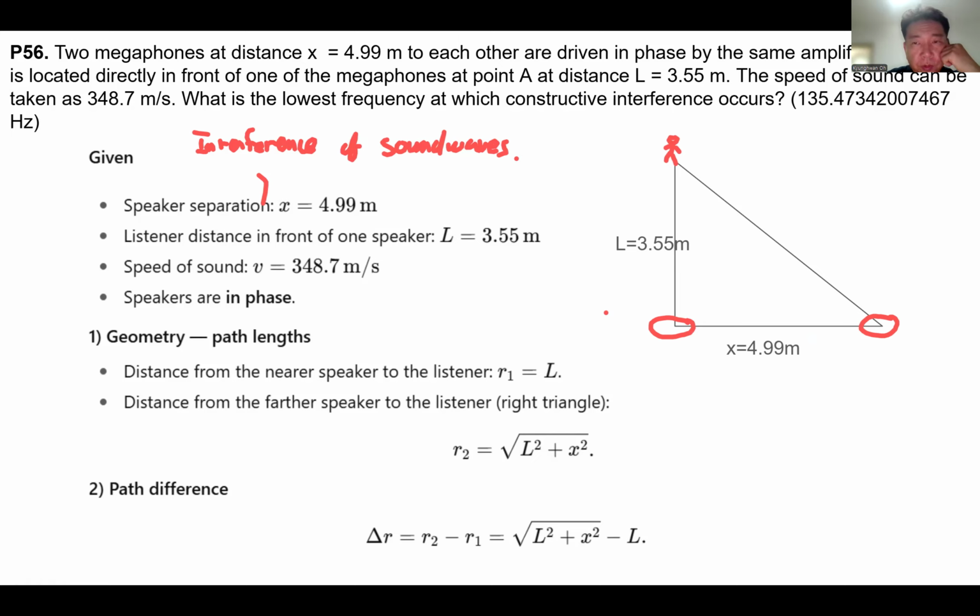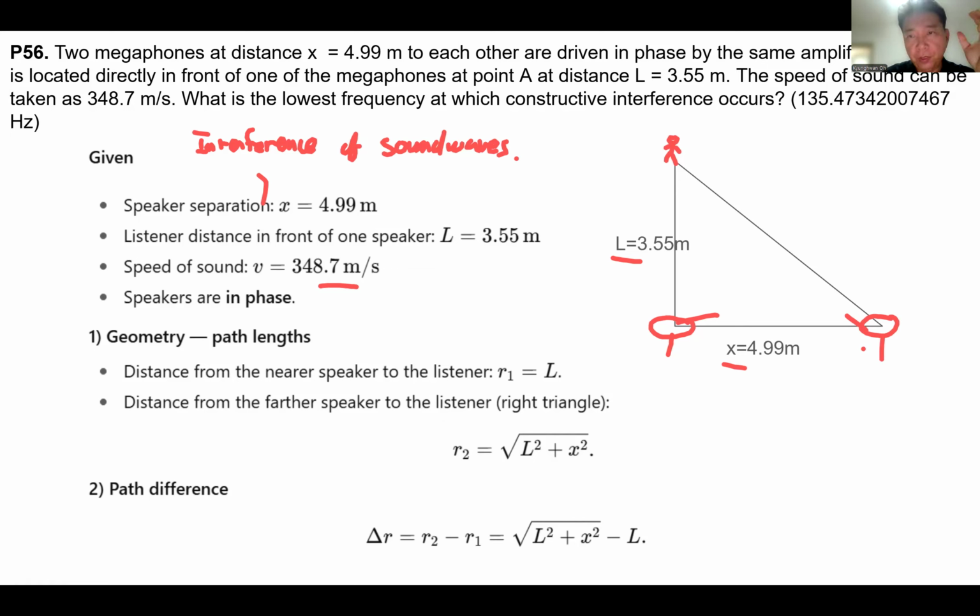The speaker separation is given by x, which is 4.99 meter, and the listener distance in front of one speaker is 3.55 meter. This is designated as L and this as x. The speed of sound is known, and it is assumed that the two speakers have the same phase.